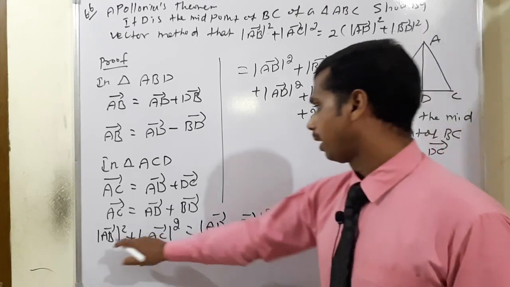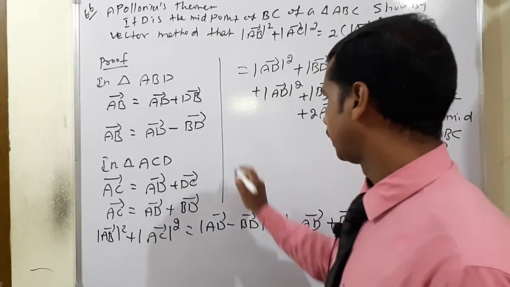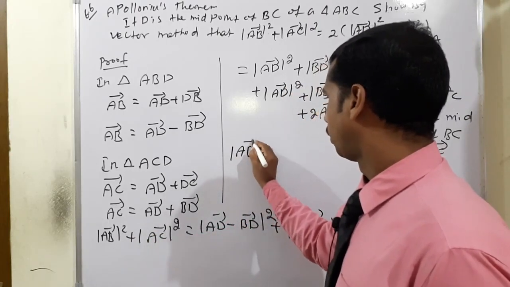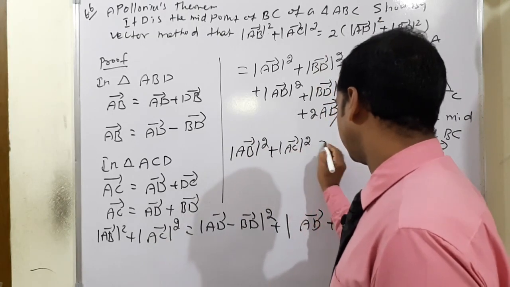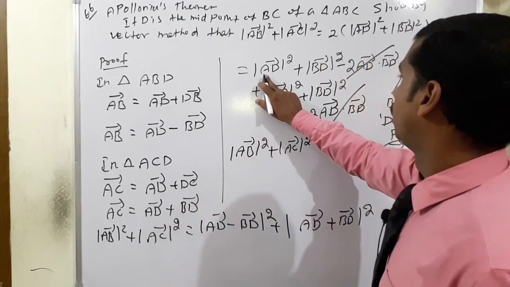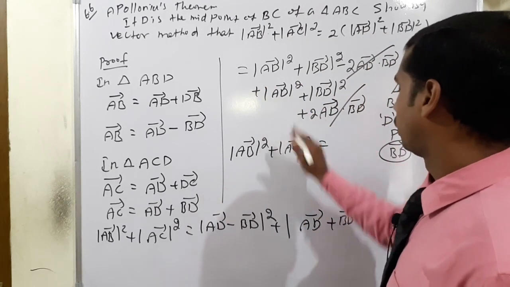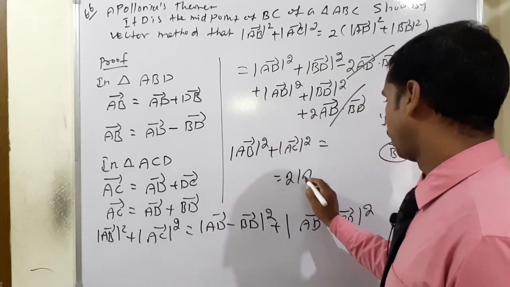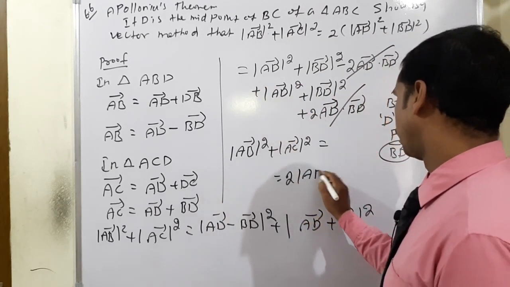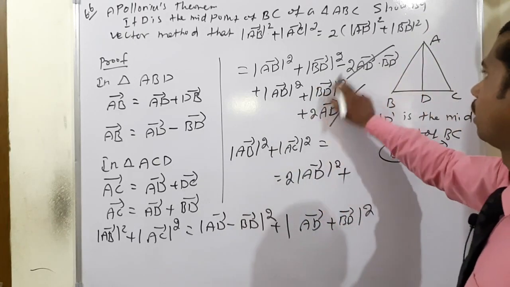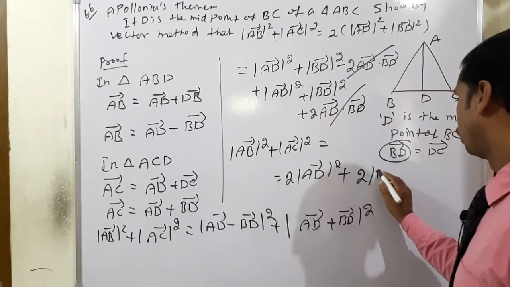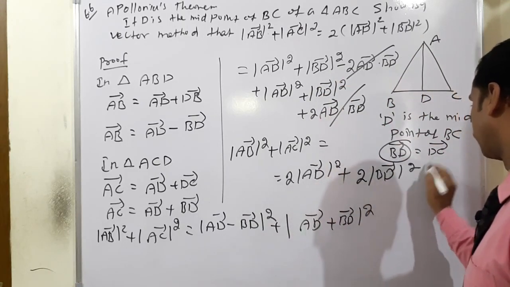After cancellation, the balance on the left hand side is modulus of AB vector square plus modulus of AC vector square, equal to 2 into modulus of AD vector square plus second term again 2 modulus of BD vector square.